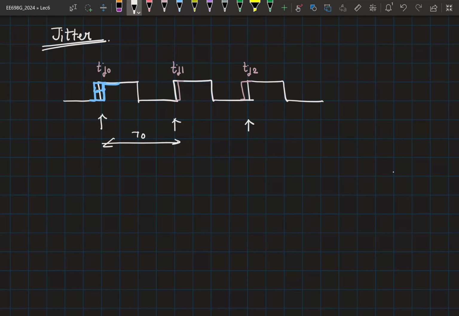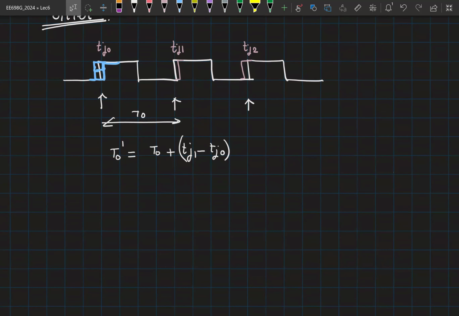In the presence of this jitter, can you tell me what the new period is going to be? So T0 plus Tj1 minus Tj0, where individually they can be positive or negative. So if your clock edges are going to shift around the ideal position, you will also have your time periods varying from one clock period to the next.